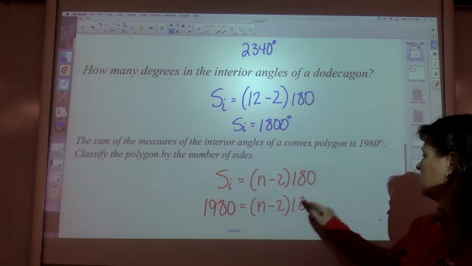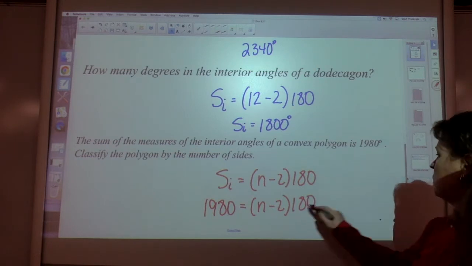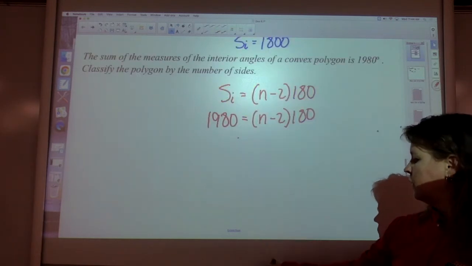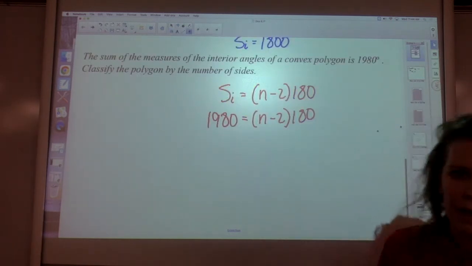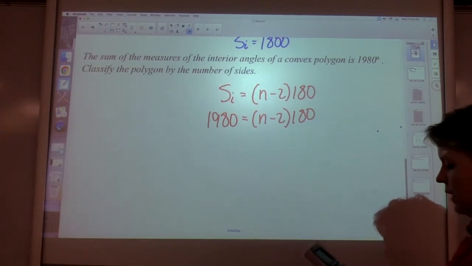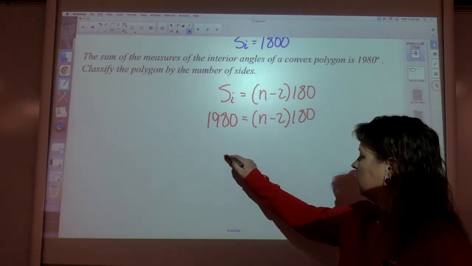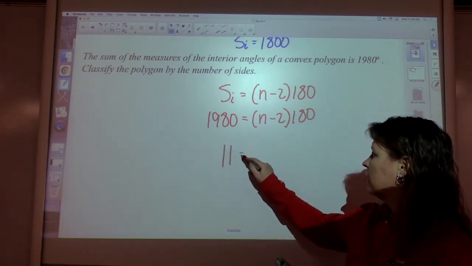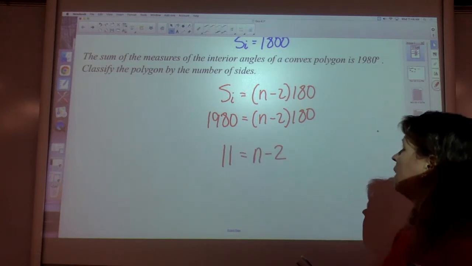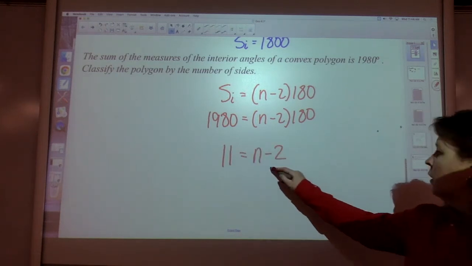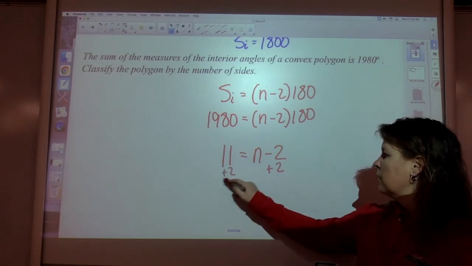Your choice on how to solve this. Some of you will choose to distribute the 180. Others of you will choose to divide by 180 on both sides. If I take 1980 and divide it by 180, you'll get 11. We're not done yet, though. It's not an 11-sided figure. 11 equals n minus 2, plus 2, plus 2.